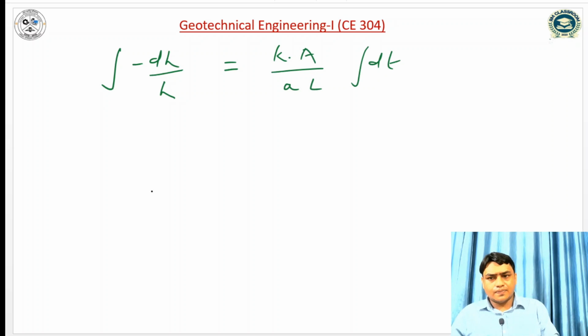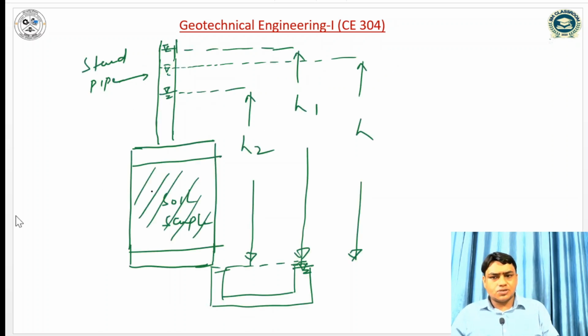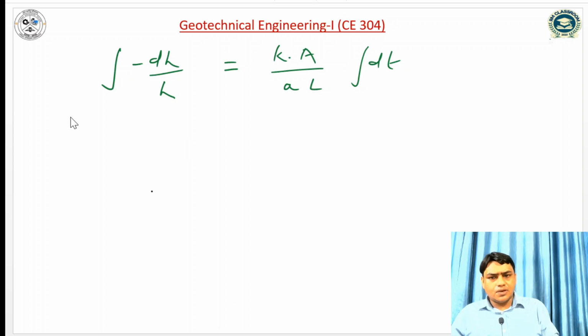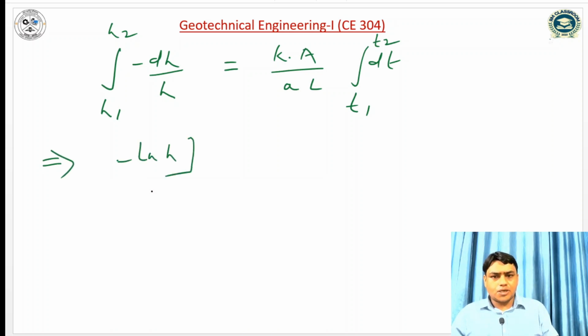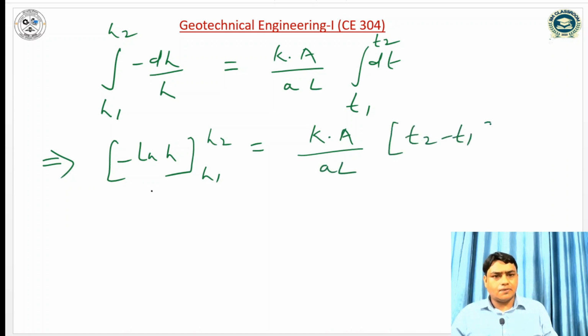When head is H1, the time is T1. When head is H2, then time is T2. So we can integrate: minus ln H from H1 to H2 is equal to K into A divided by aL into T2 minus T1.